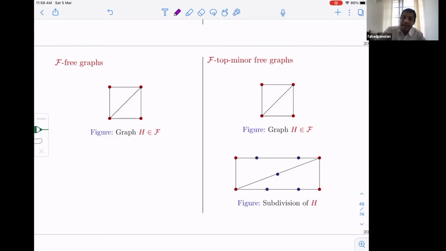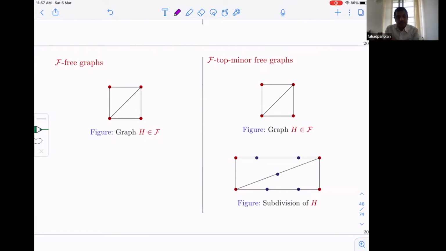And a graph G is F topological minor free if none of these subdivisions of H is present in G as a subgraph. So that is an alternate definition, rather than going through the minor definition.